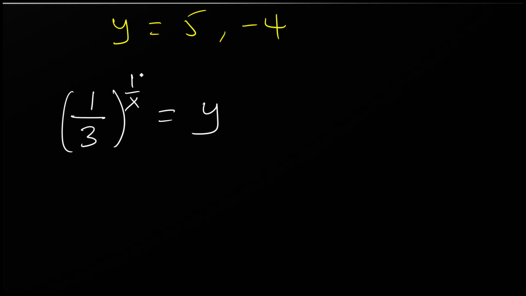Now, because of this power here, we have to take log on both sides. And once we do so, since we can't take log of a negative number, this one will be out of the position, okay? It will be out. So let's go ahead as we take log on both sides.